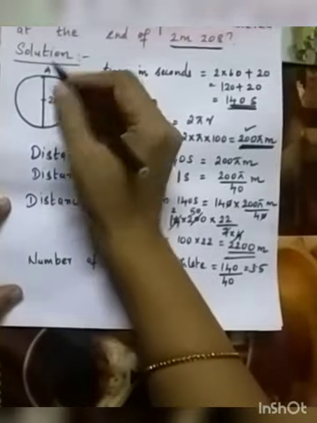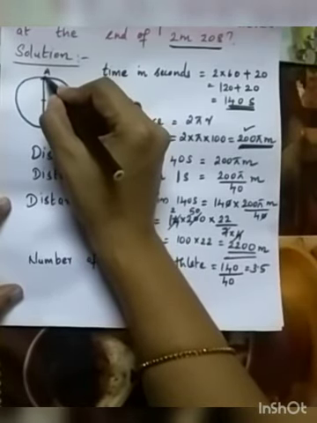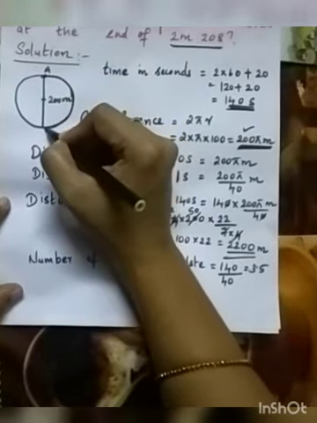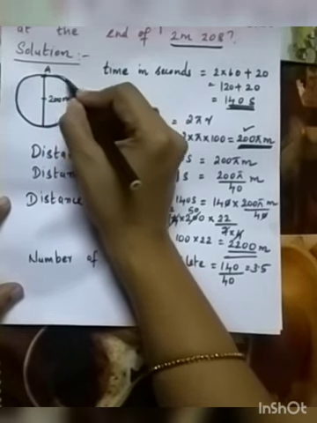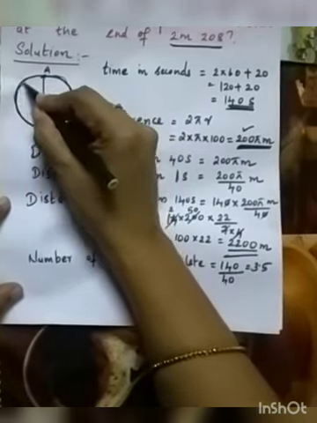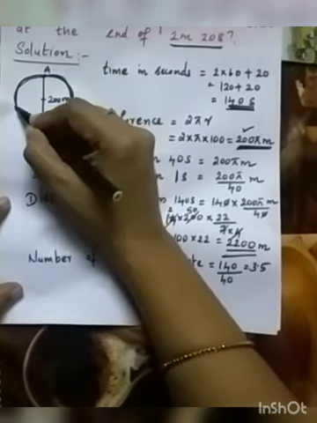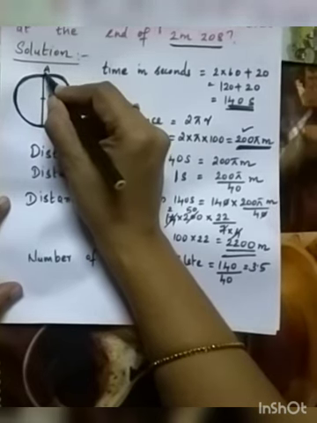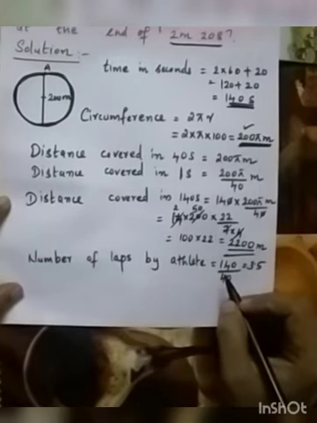Suppose the athlete starts his journey from this point A. See, this is one round. Again, this is the second round. This is the third round. So after the third round, the athlete is still at point A. He has completed 3.5 rounds.